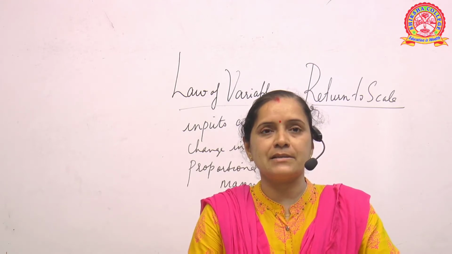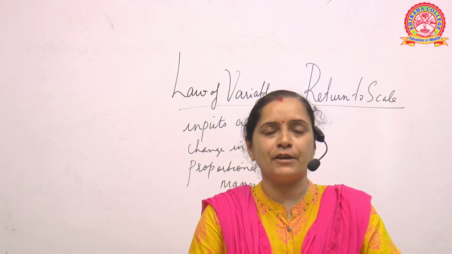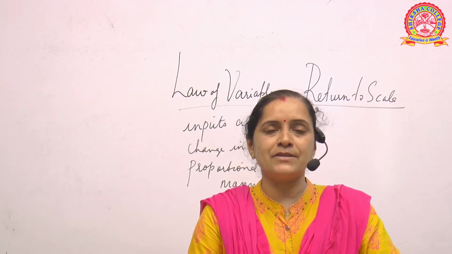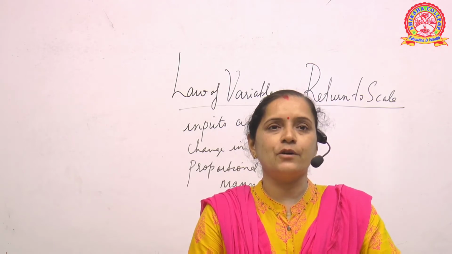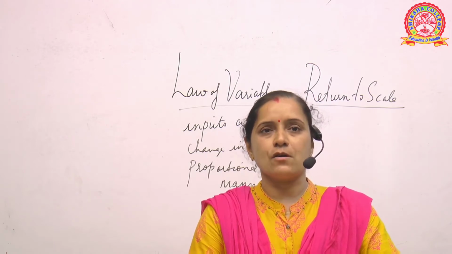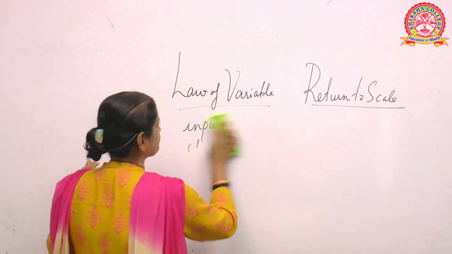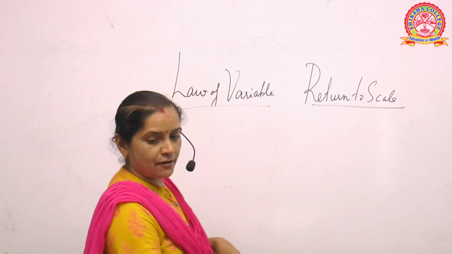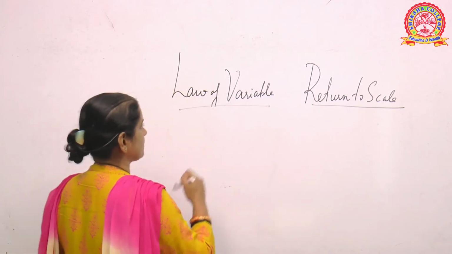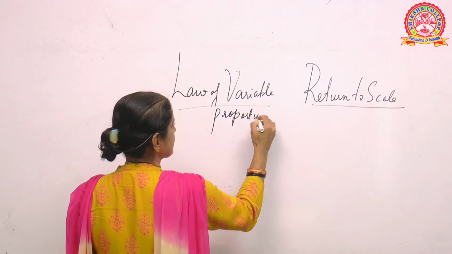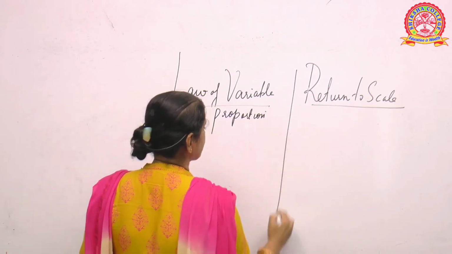So let us now discuss the difference between the law of variable proportion and returns to scale. This is the last part of this chapter, and after that we are going to move to a new topic, that is cost. Let me put down what the differences are. The law of variable proportion, which we have discussed in the last few classes, and this is returns to scale.